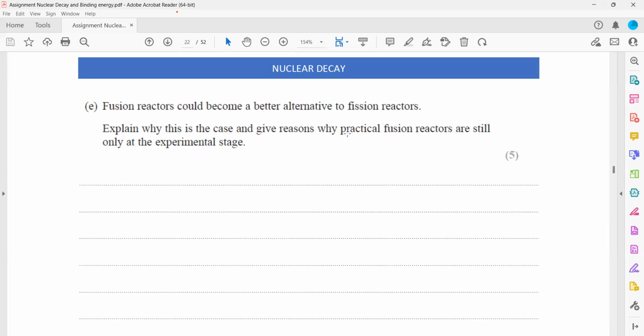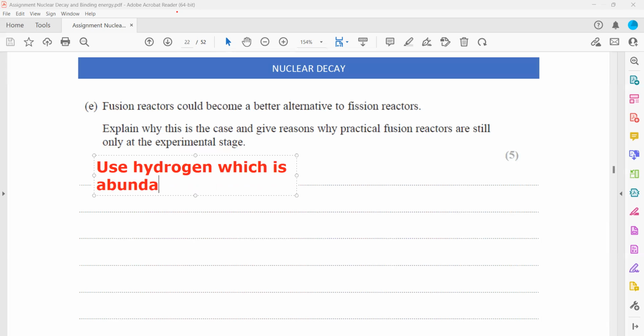So the points you will mention: why are fusion reactions a better alternative? Because they use hydrogen, which is abundant, in greater quantity. The second thing, it does not produce radioactive waste as compared to fission.